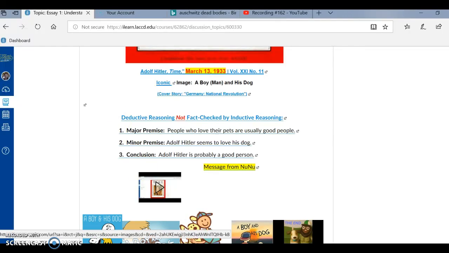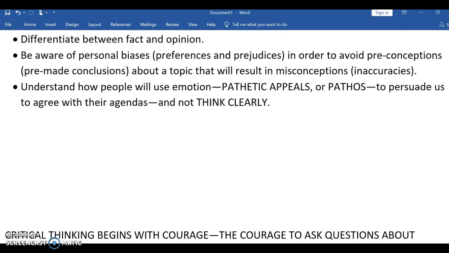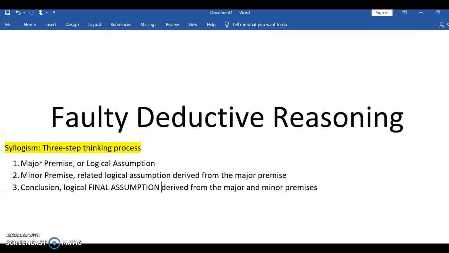Well, they could come up with faulty deductive reasoning through what is called the syllogism, which is a 3-step thinking process, and you're dealing with deductive reasoning this week and inductive reasoning. So faulty deductive reasoning, how does it start?